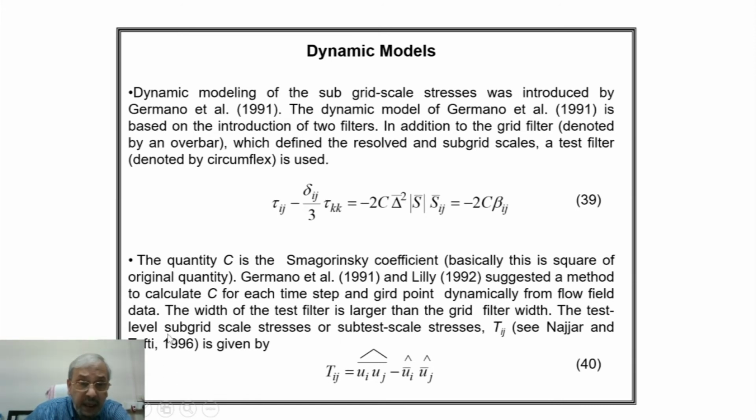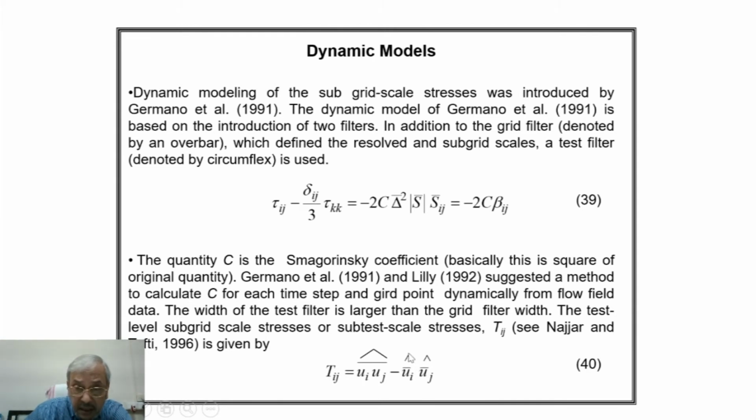The test level subgrid scale stresses or subtest scale stresses Tij can be given in a similar way. We can write Tij as the average of Ui Uj over bar with a circumflex, minus Ui bar circumflex, Uj bar circumflex.